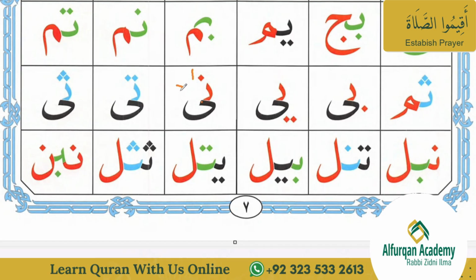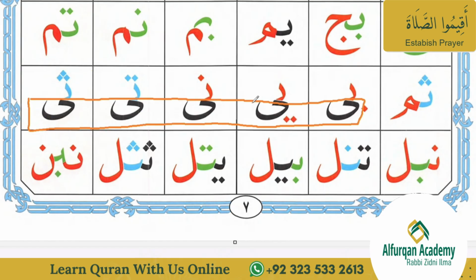We have Nun and Ya. Next one, two dots on the top, that's letter Tha and Ya. And here we have letter Tha, and that's the full shape of letter Ya. I hope you got it.